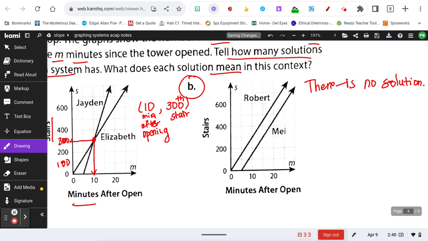There is no solution. That just means they never meet at the same stair. And that's it, guys. All right, thanks.